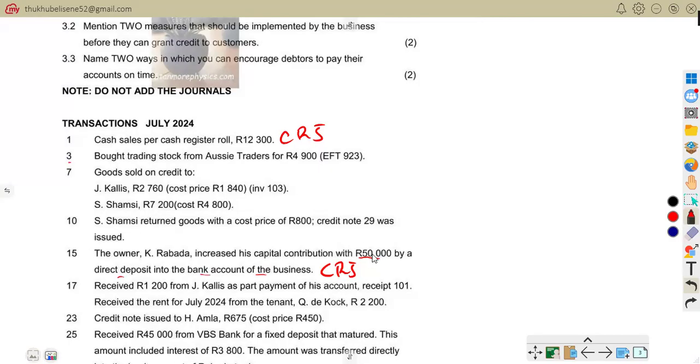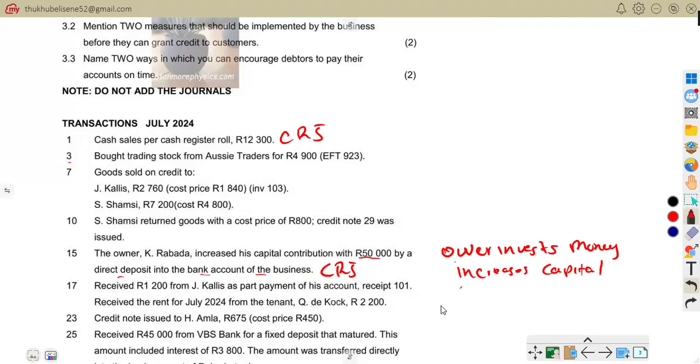So on the 15th, we are saying the owner invests money. If the owner invests the money, he increases capital.